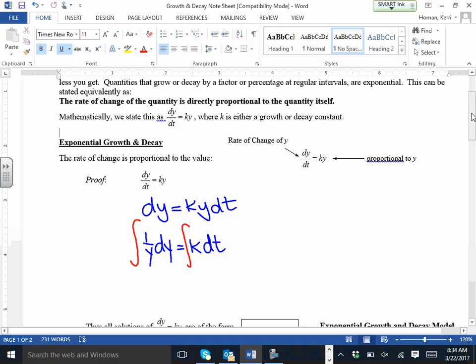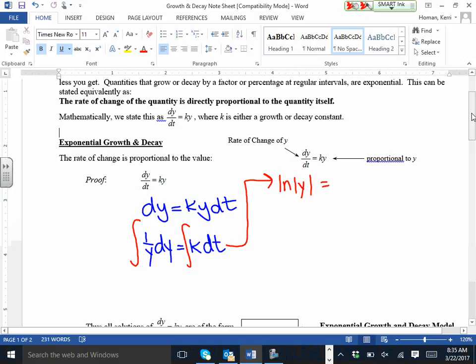What did you say? Y to the negative 2 would be its derivative. What is its antiderivative? Yes, yes it is. Okay? The antiderivative of k with respect to t. Grant, what would we write there?